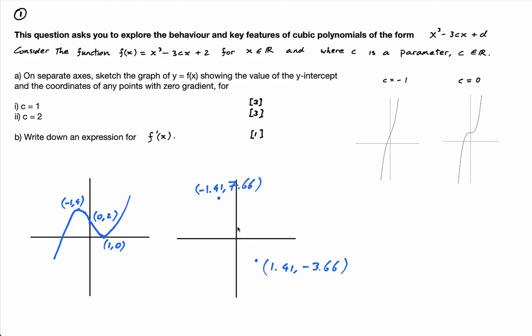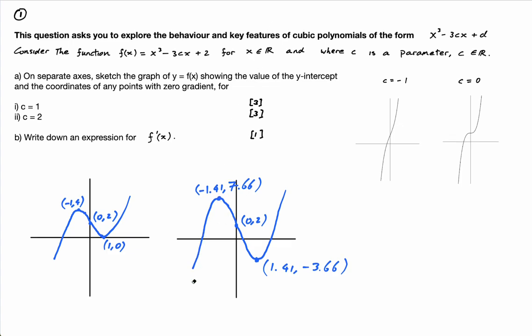And then this would be approximately 2. So this is 0, 2. Now I'm just going to draw the graph up like this, turns, goes down through this, it turns, and up it goes like this. Okay, again, not perfect.